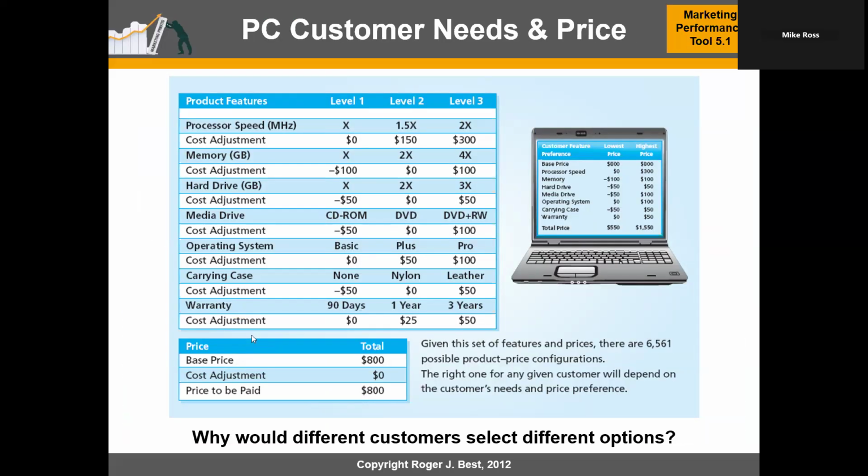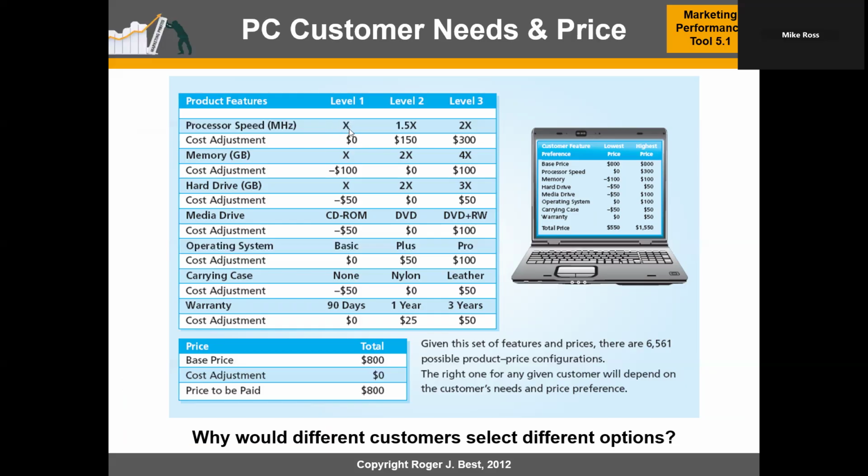Another way for us to think about needs-based segmentation would be around PCs or laptops. And so we could see, for example, I won't walk through all of these different elements, but attributes that people have different needs, wants, and desires around a computer or PC, or an iPad and so on.